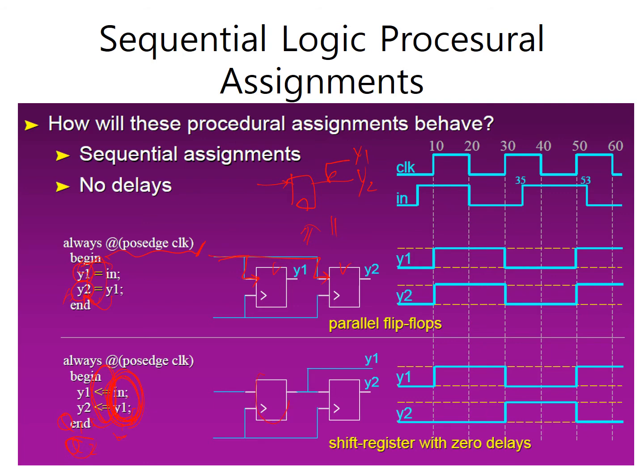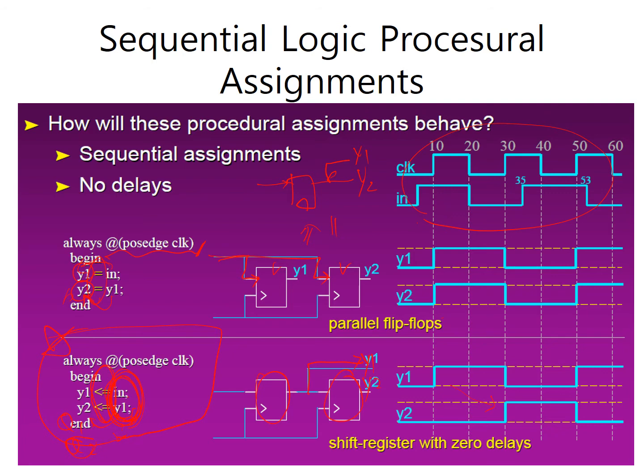So we have two different flip-flops having different y1 and y2. For this kind of thing, for the clock and data coming in like that, the output will be totally different, right? So most of the behavior we are thinking of is this description, right? This description is what we really want in the actual hardware.